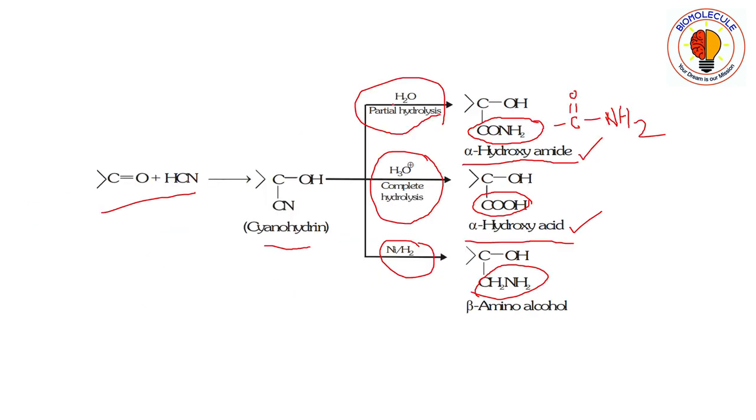Okay, so with partial hydrolysis we will get CONH2, with complete hydrolysis we will get COOH, that is carboxylic acid, and reduction will give us CH2NH2. So to achieve an amide, you have to partially hydrolyze the cyanide group.